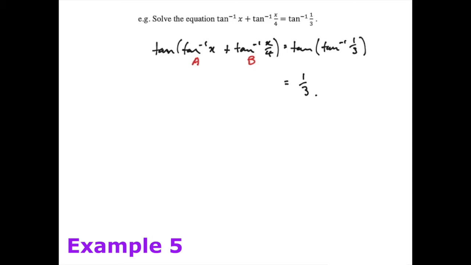So my sum of angle formula for tan, tan A plus B, is tan A plus tan B over 1 minus tan A tan B. Okay, so that's what I'm going to use, except my A is going to be inverse tan x and my B is going to be inverse tan x over 4.